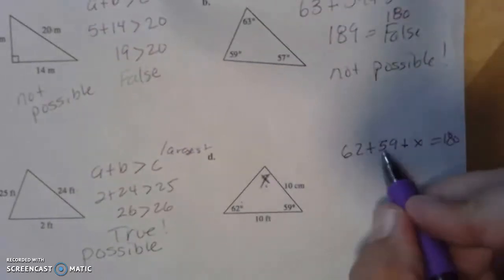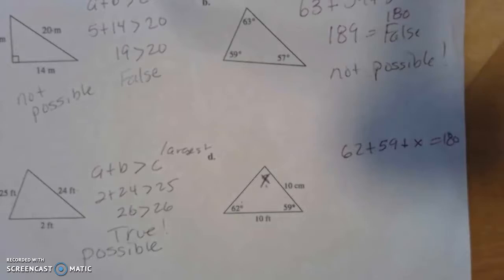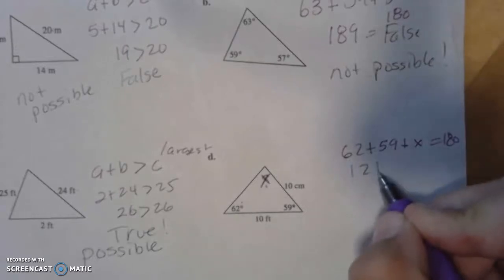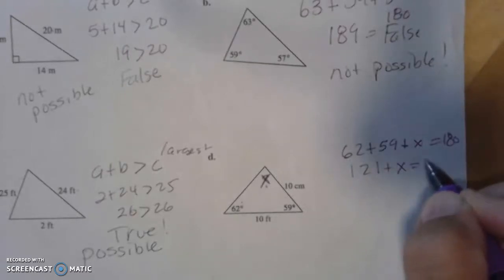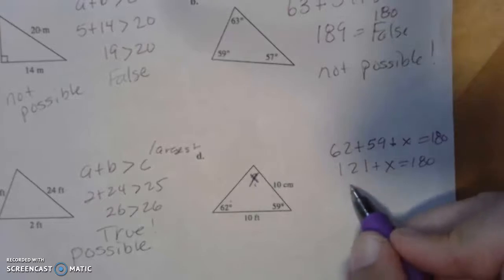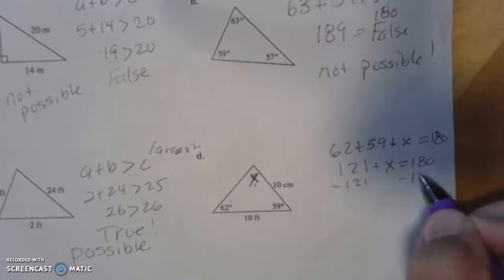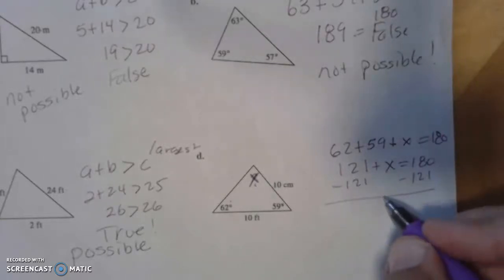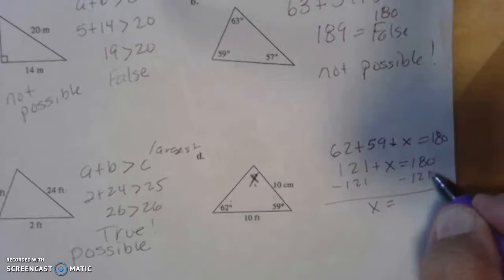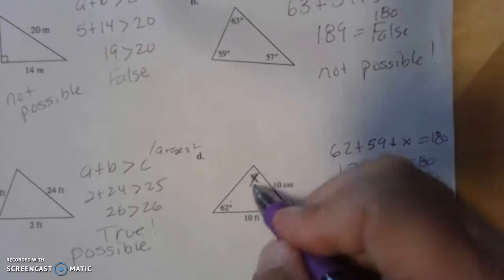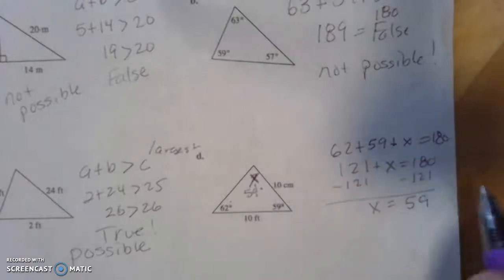So let's see, what do we get? 121 plus x equals 180. So let's subtract 121 from both sides and see if this is possible. We're going to get x equals 59. So is it possible that this equals 59?